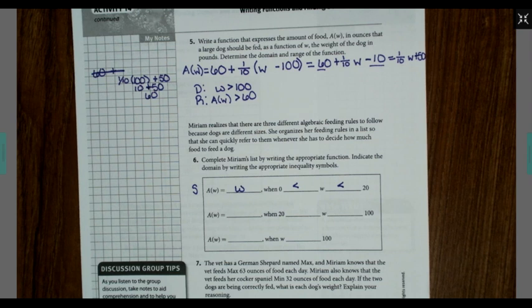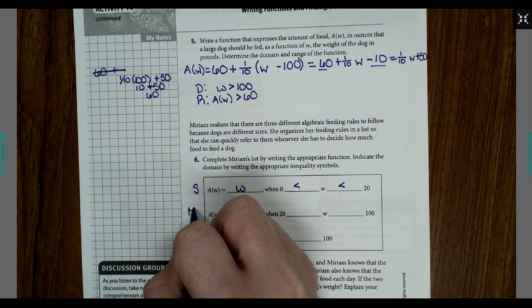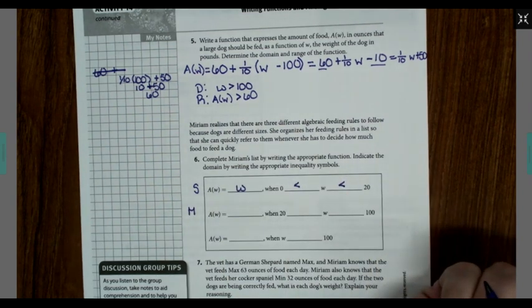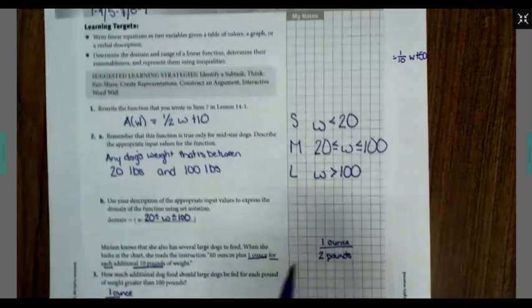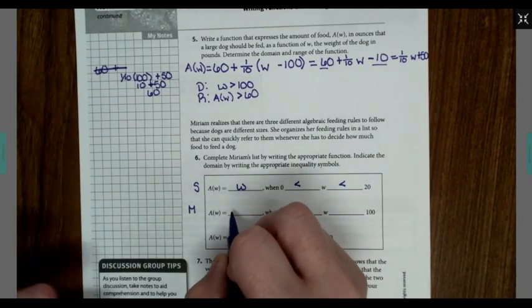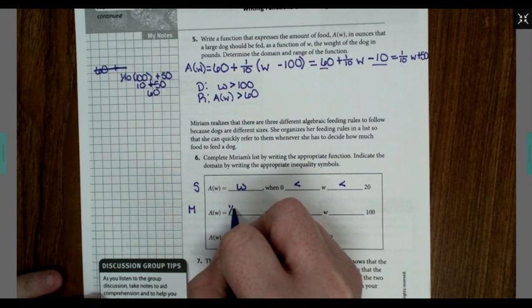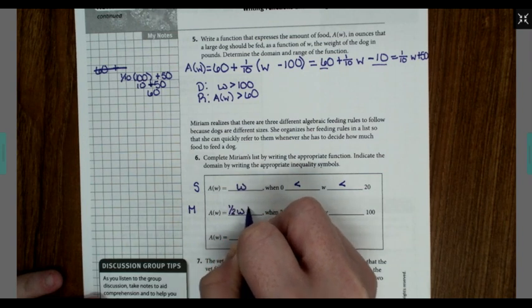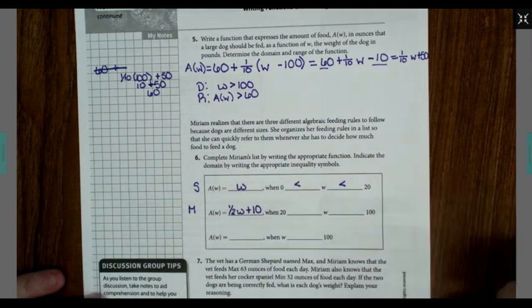And remember, a 20-pound dog is considered mid-size. Let's talk about that mid-size formula. The mid-size was the one that we wrote back over here on question number 1, this 1/2 W plus 10. So I'm going to write that down. 1/2 W plus 10.